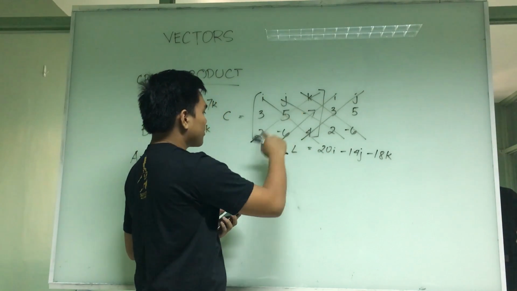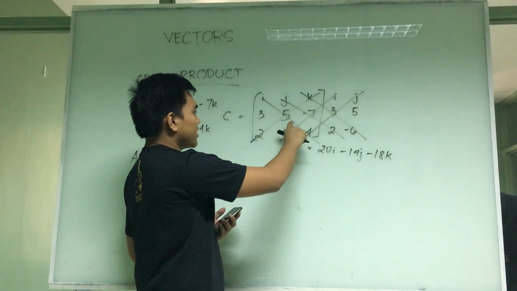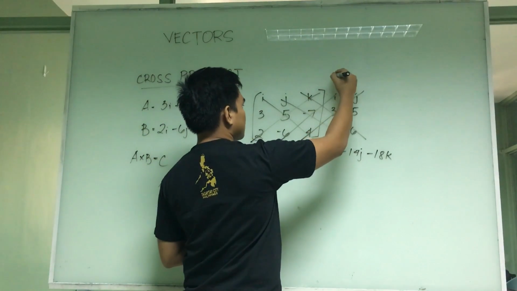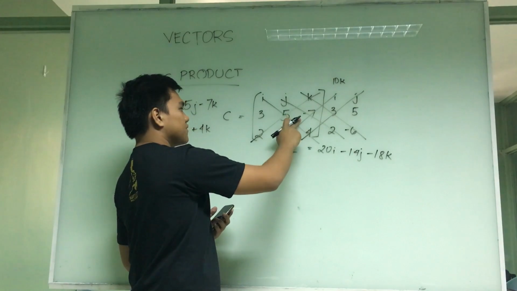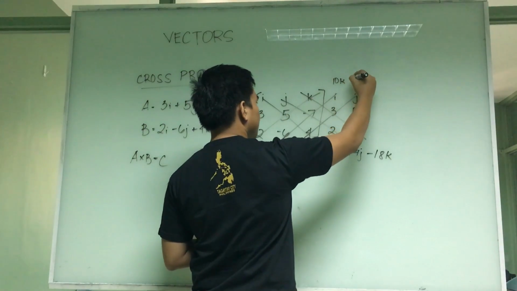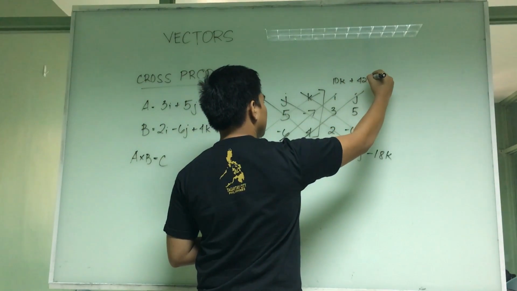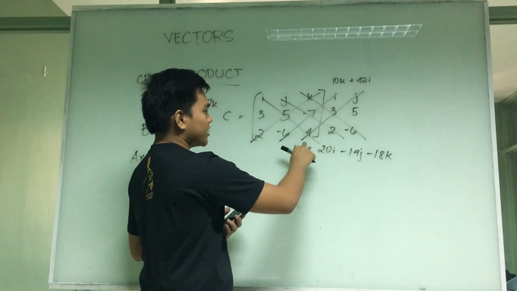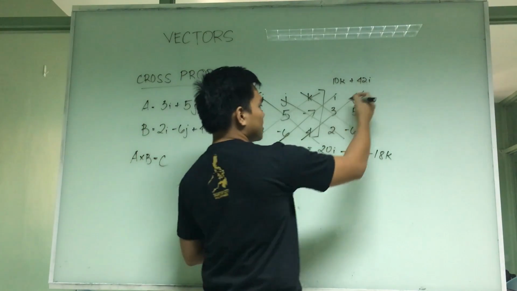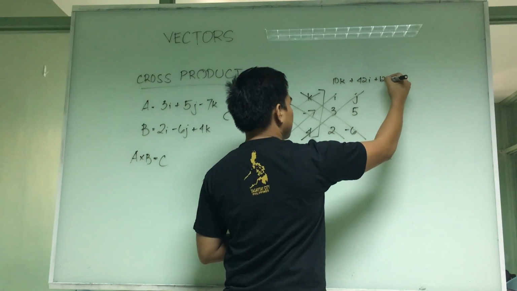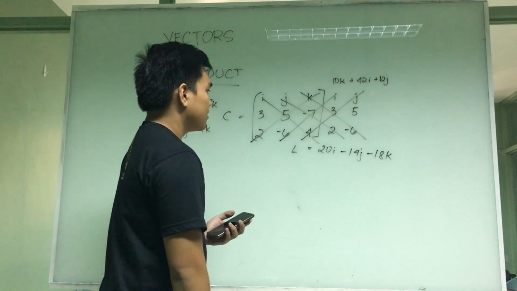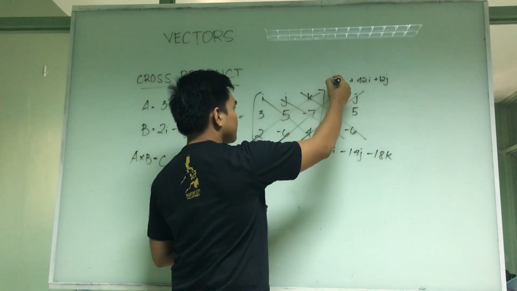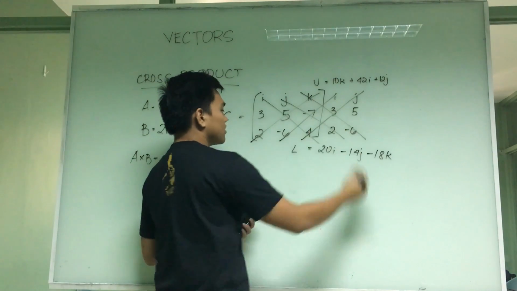So let's find the upper one. 2 times 5 times k is 10k. Negative 6 times negative 7 times i is positive 42i. And lastly, 4 times 3 times j is positive 12j.